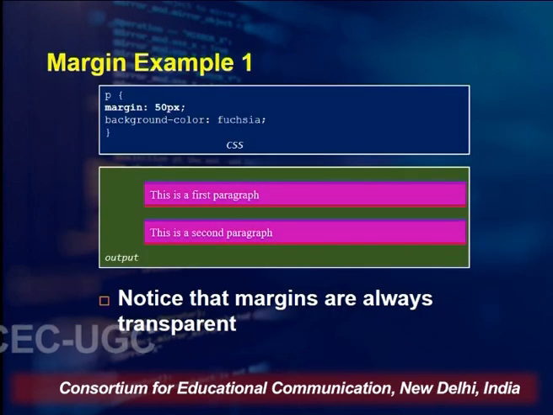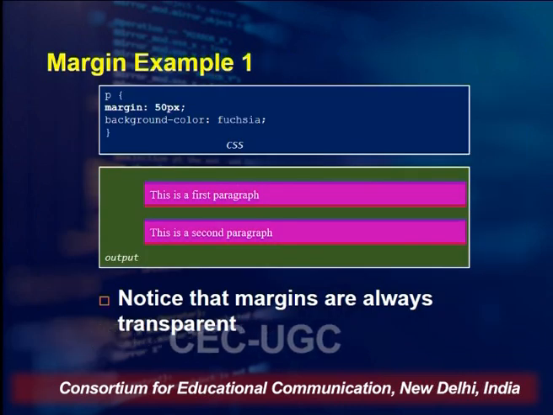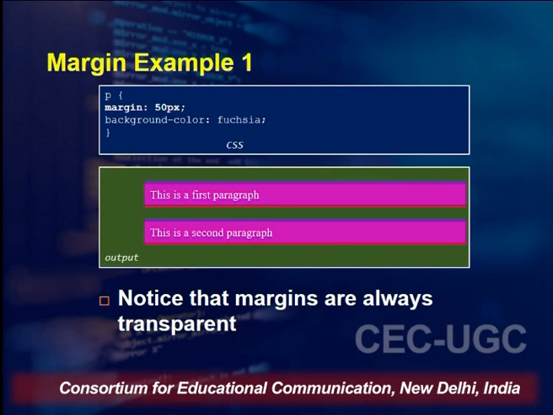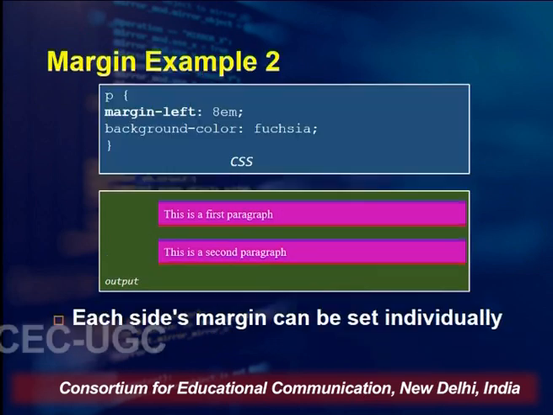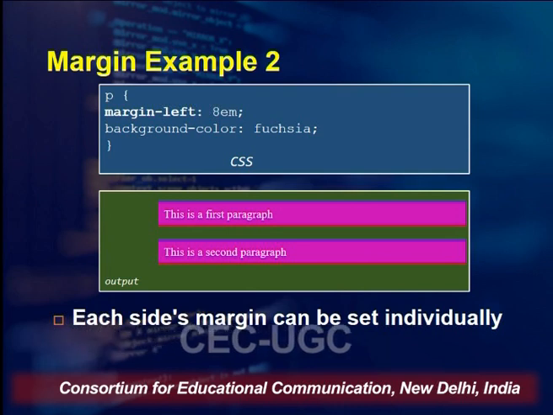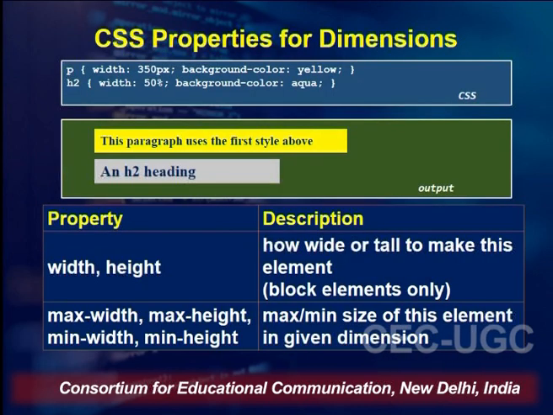Okay, so you can control the appearance of the margin also, and we always know that margins are transparent. So there is nothing written in the margin, but you can set the margin individually or as a group, right.